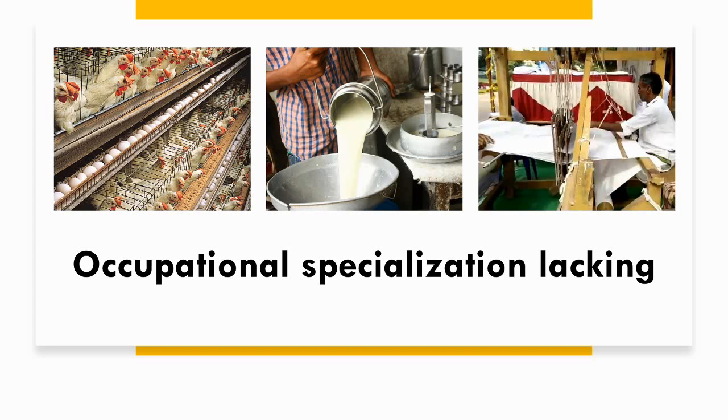To go further, occupational specialization is lagging. Besides the crops, farmers are also engaged in supplementary operations like dairy, poultry, cloth making, etc. But income from such productive activities is not involved in the national income estimation.